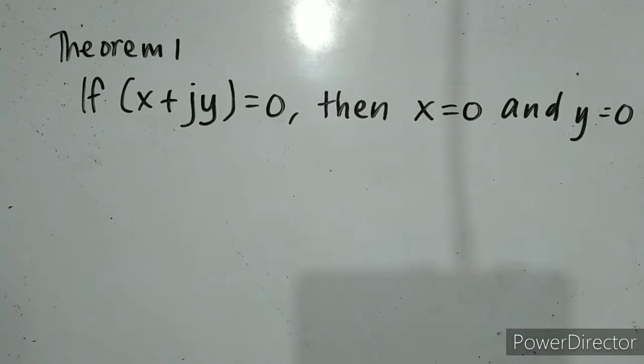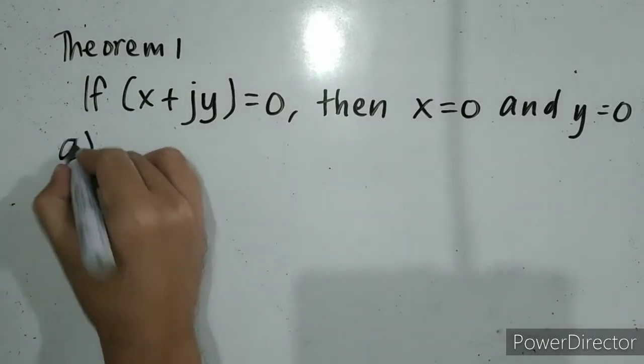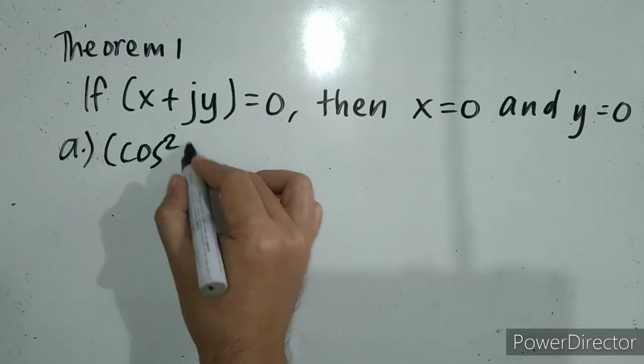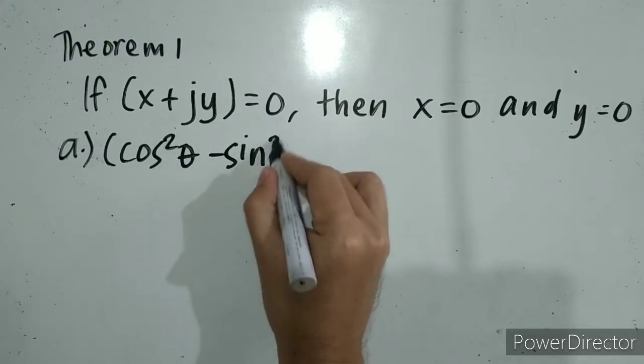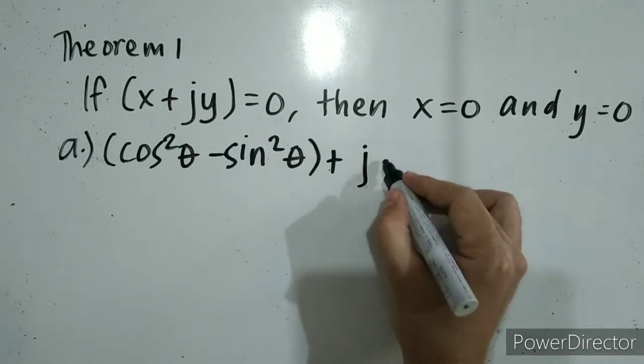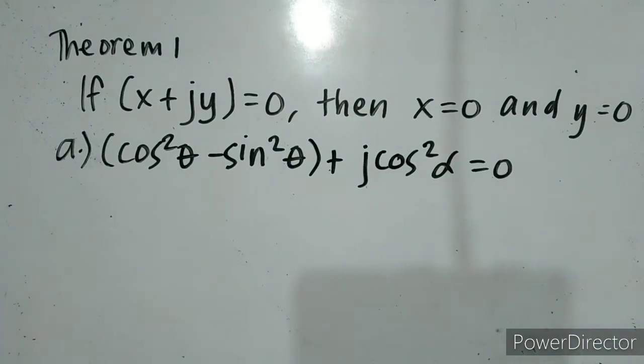Let's start with the first problem we have here: cosine squared theta minus sine squared theta plus j cosine squared alpha equals 0.